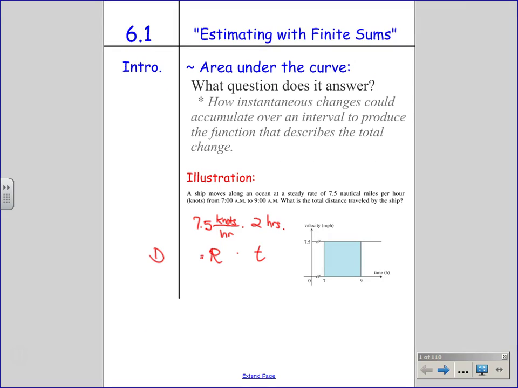If we were to graph the constant rate, and show the time interval, wouldn't multiplying rate times time, making the units match, be the exact same thing as finding the area of the rectangle? We could have introduced this to you guys back in algebra. Every time you did rate times time, you're really just finding the area of a rectangle on the graph of velocity in terms of time.